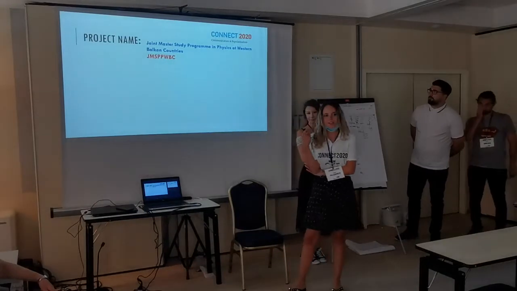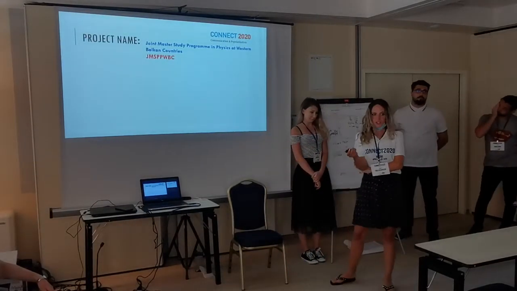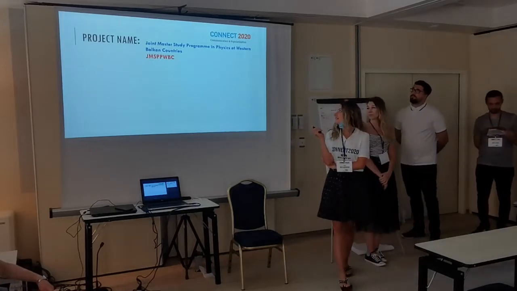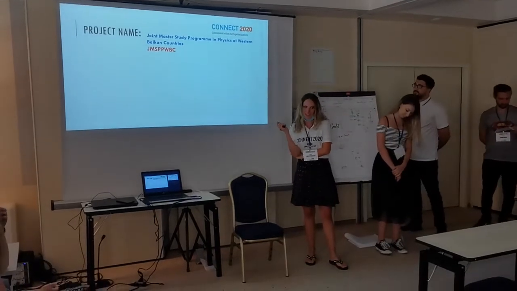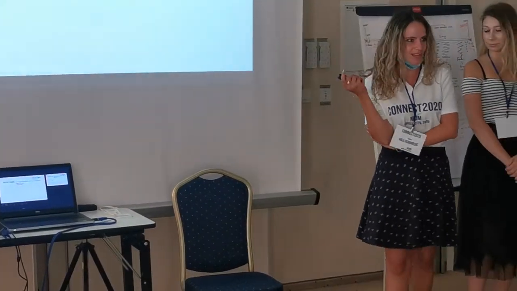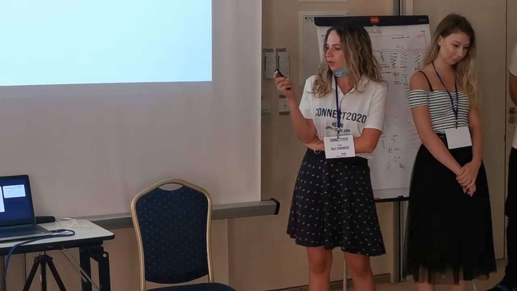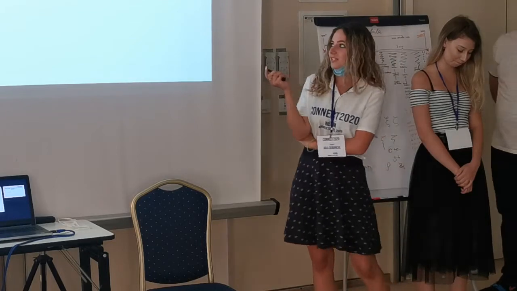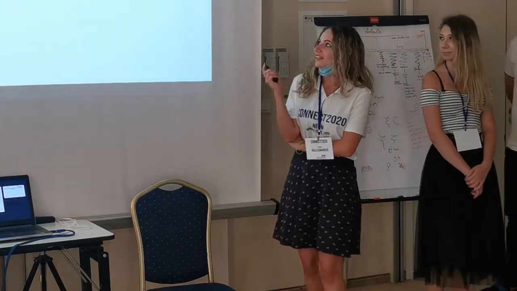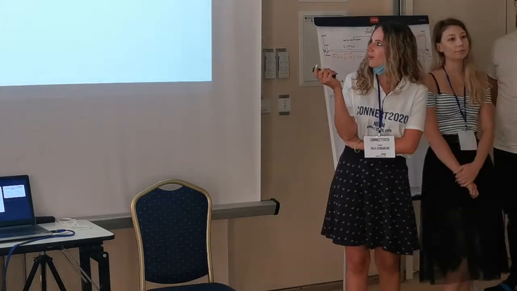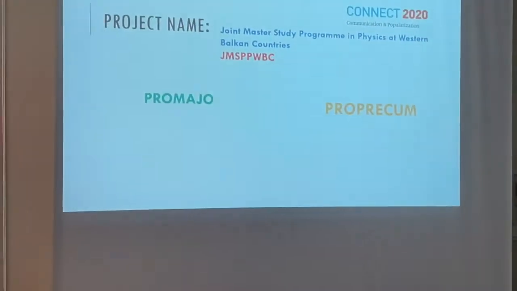So when we came up with the idea of the project, the name was Joint Master Study Program in Physics at Western Balkan countries. So this project name is, as we can see, very big. So we need some shortcut. But when we got the shortcut, it was very complicated. You see G, M, S, P, P, W, double C. So we came up with some ideas like Pro-Macro or Pro-Precum.